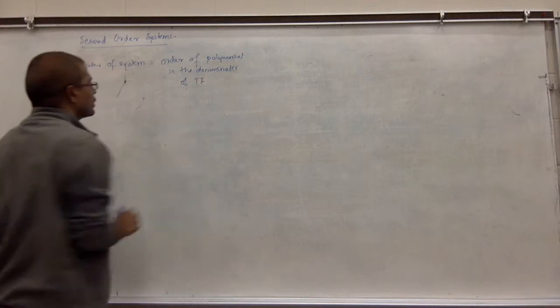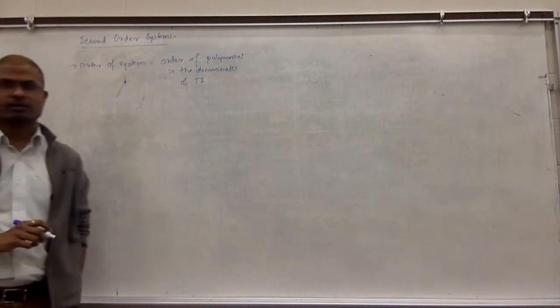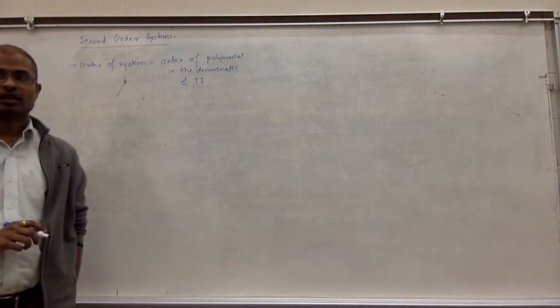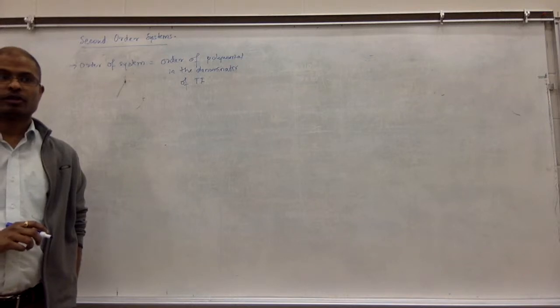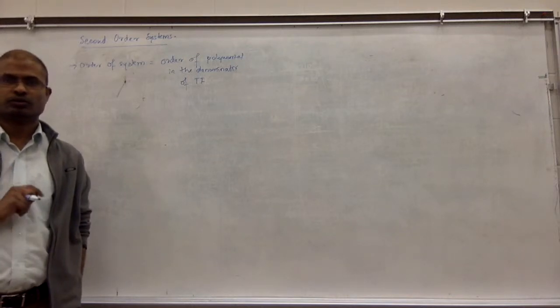Okay? So this we have established. So a second order system, by that definition, would have a denominator polynomial of order 2. Okay?